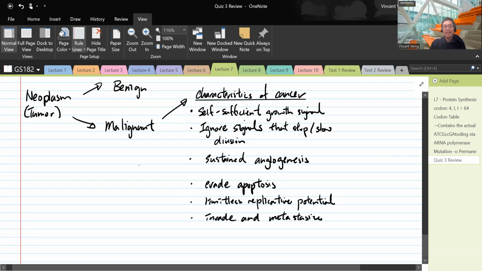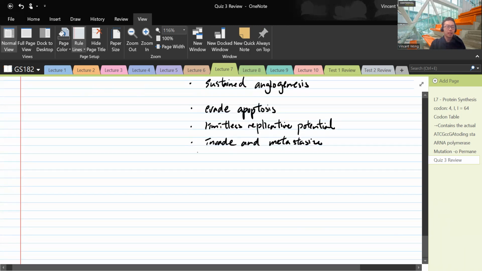You also have to know the anti-codon and then the actual codon. I don't want to spend too much time on that because we have been doing it all week. We spent a whole class doing it yesterday. So maybe I'm just going to do one example with you.